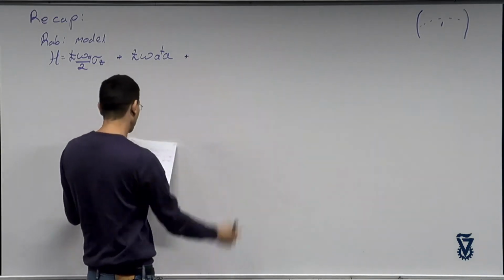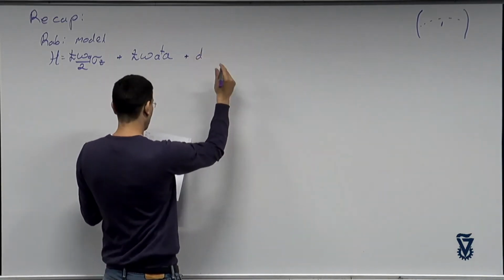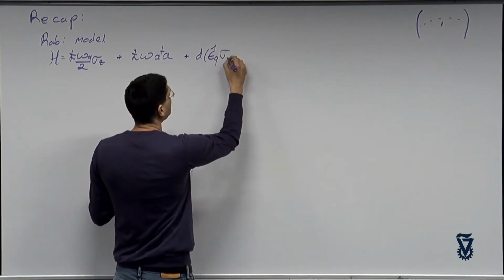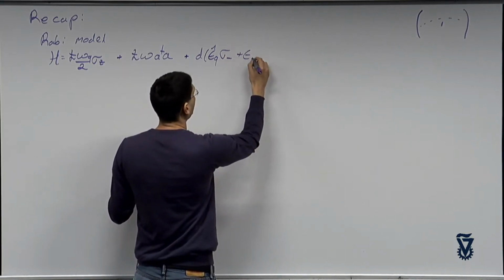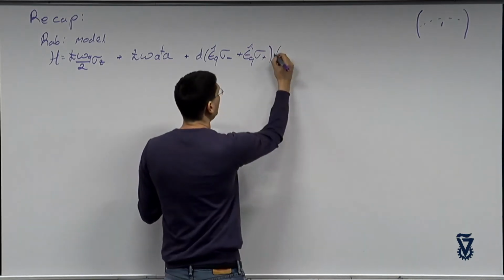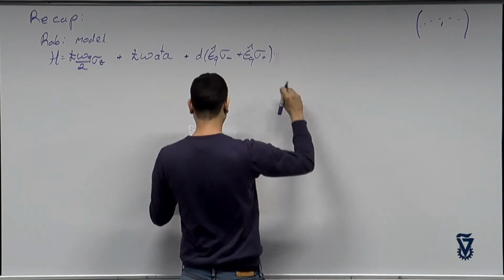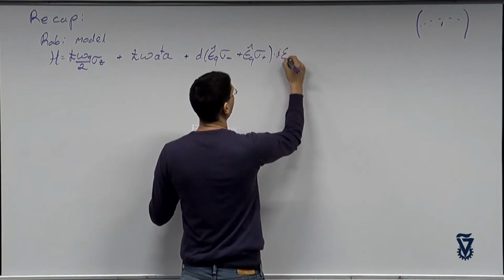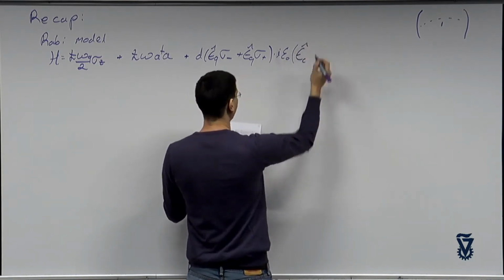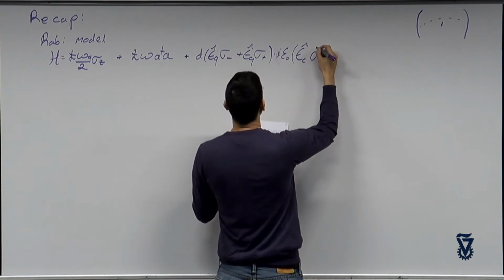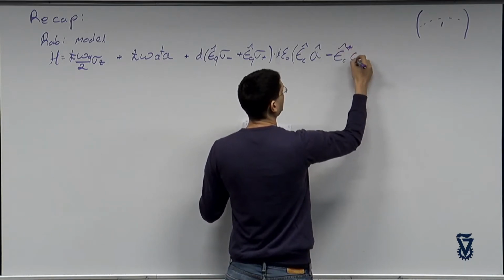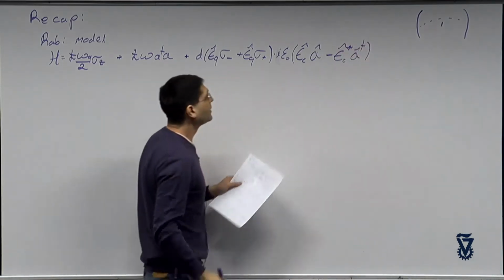And then we had our interaction term, which was d, the dipole term, epsilon q sigma minus plus epsilon q sigma plus, times i epsilon naught, epsilon c a minus epsilon c star a dagger.